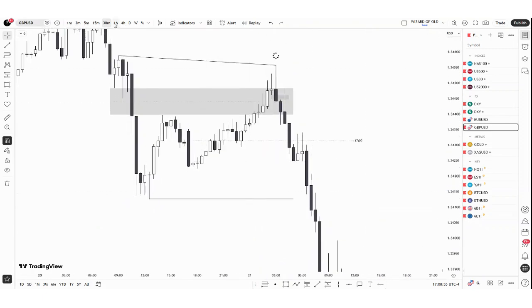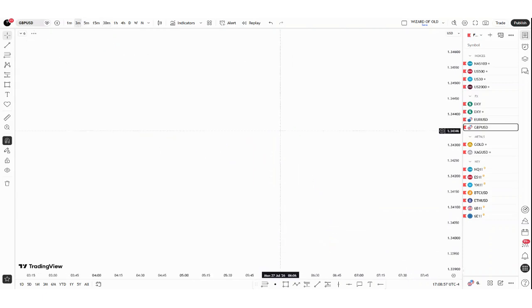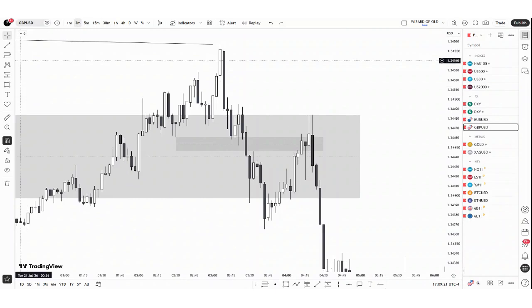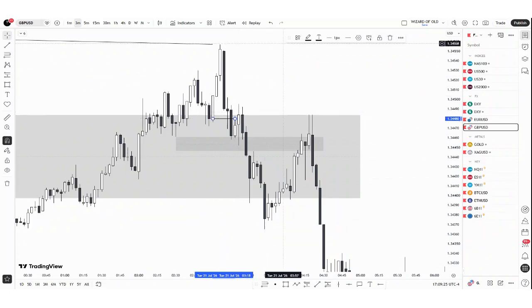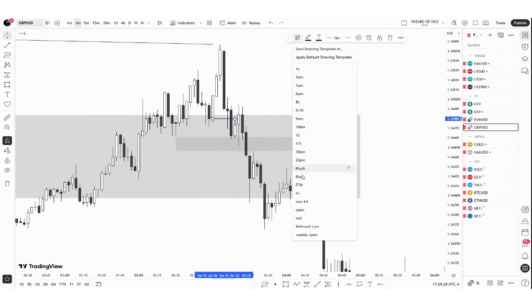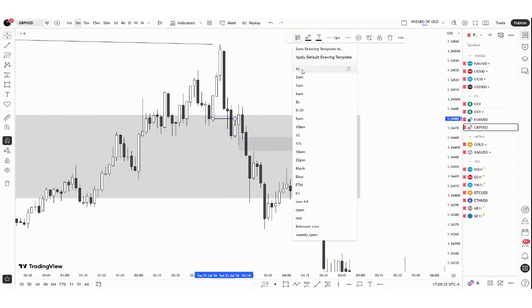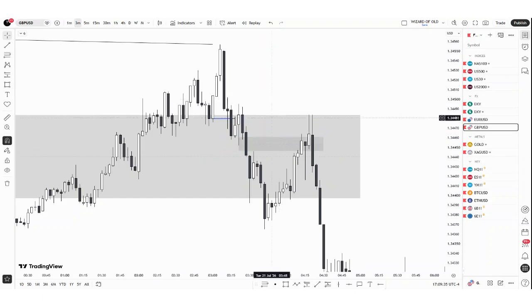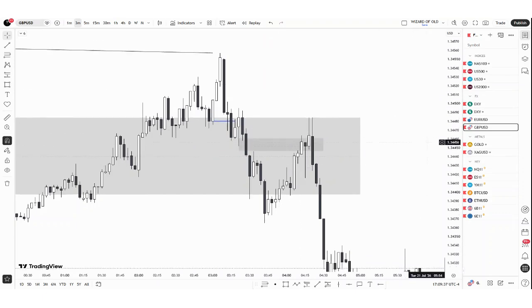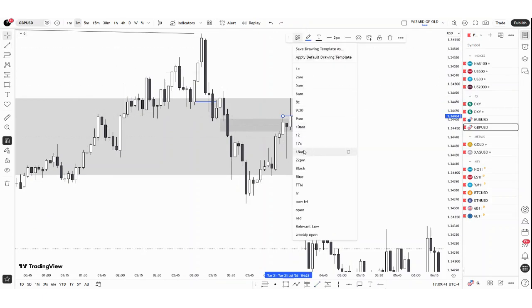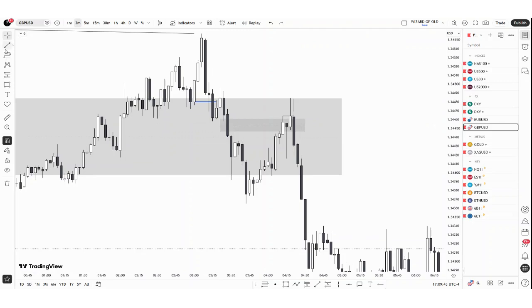Now, when you drop from M30 to the M3, all right, cool, this was the first CISD. And then price retraced into this gap, and then we have the confirmation entry here.